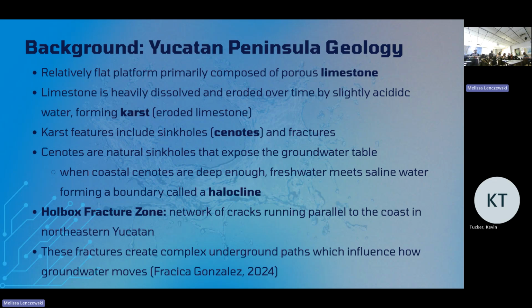As a review, cenotes are natural sinkholes that expose the groundwater table when the ground collapses. When coastal cenotes are deep enough, fresh water meets saline water, which forms the boundary called the halocline. The Holbox fracture zone is a network of cracks that run parallel to the coast in northeastern Yucatan. These fractures create really complex paths, which influence how groundwater moves.